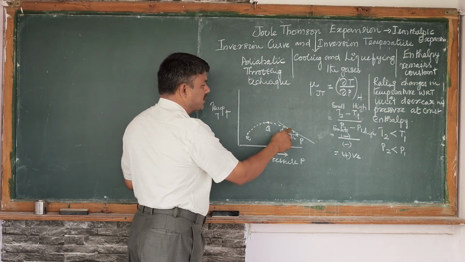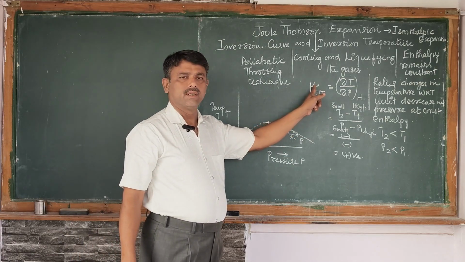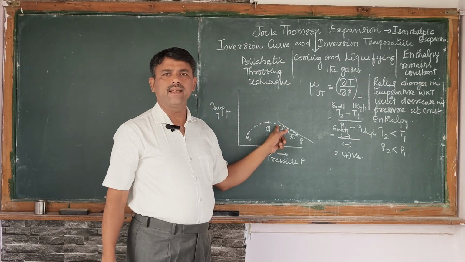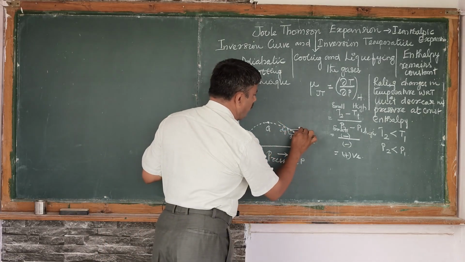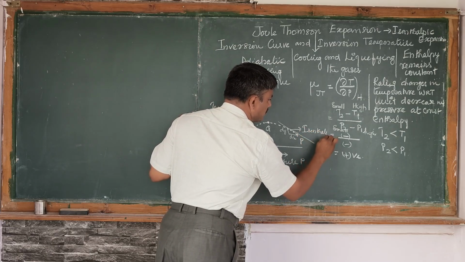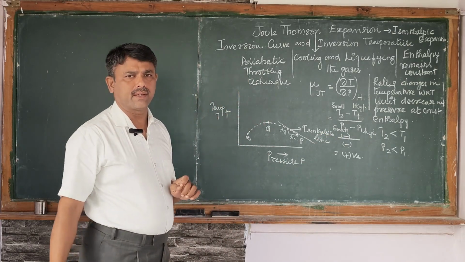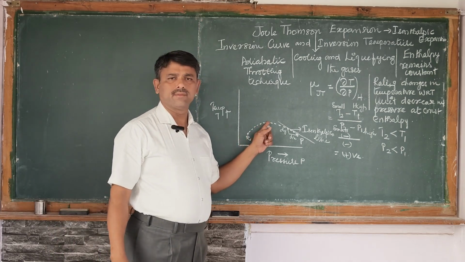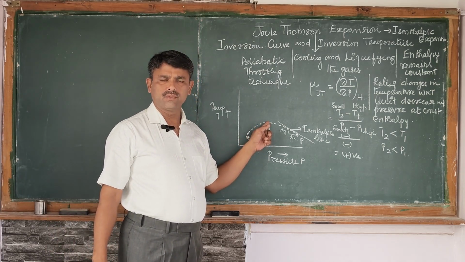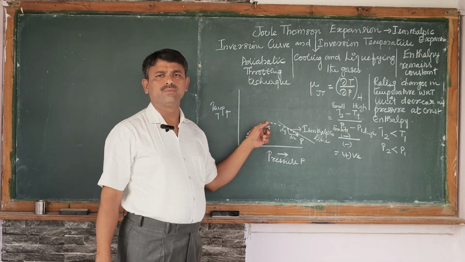So the change in temperature with respect to pressure is nothing but the Joule-Thomson coefficient. This line is called the isenthalpic line.